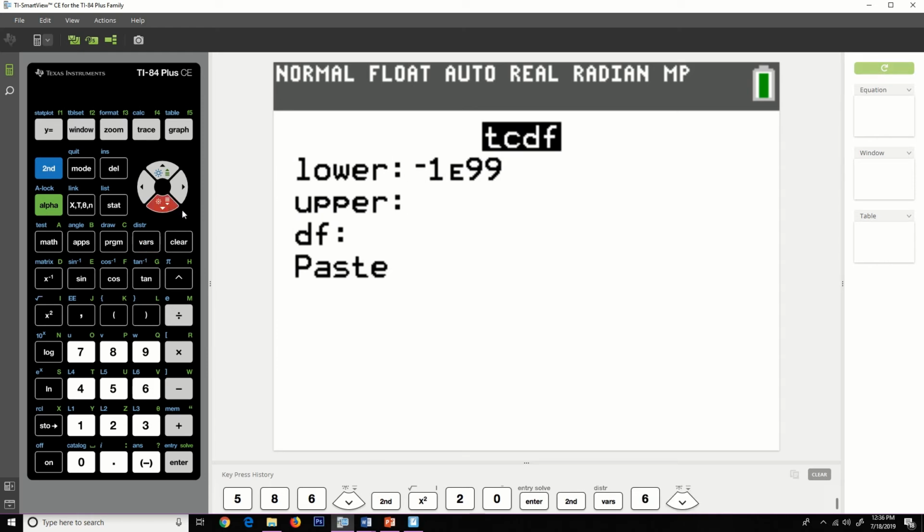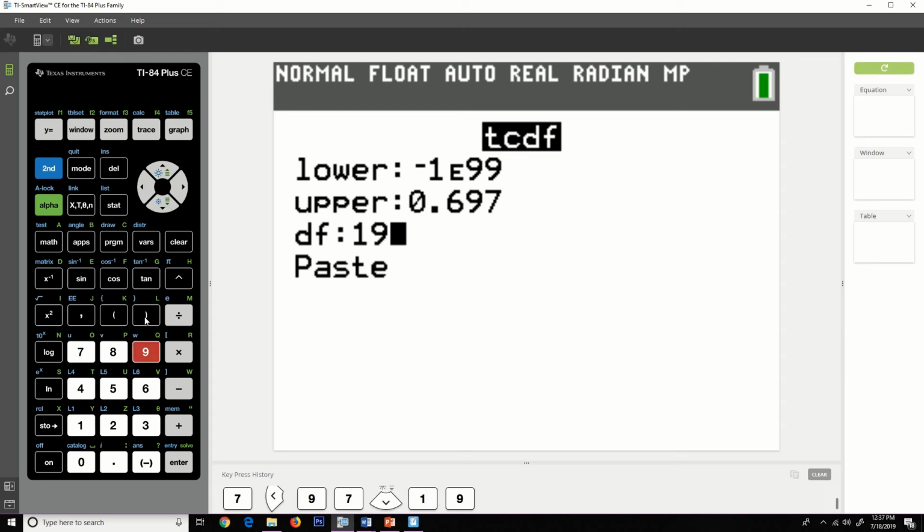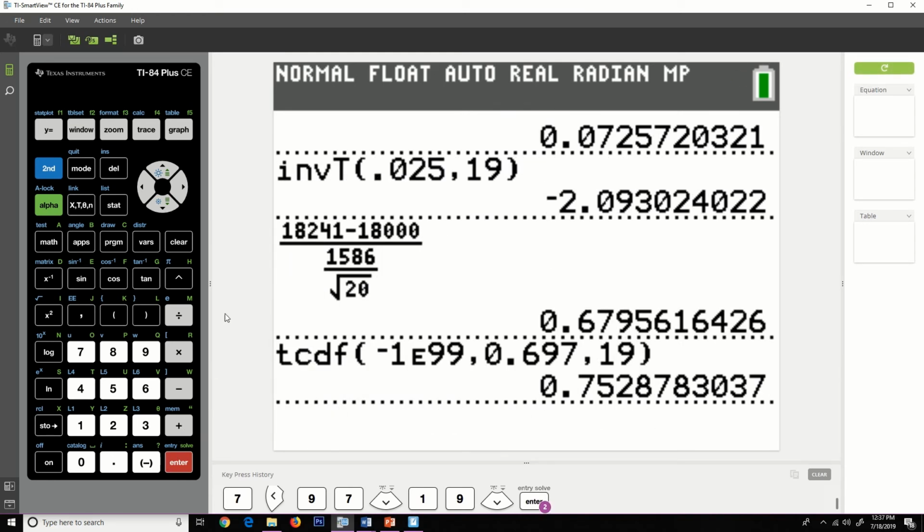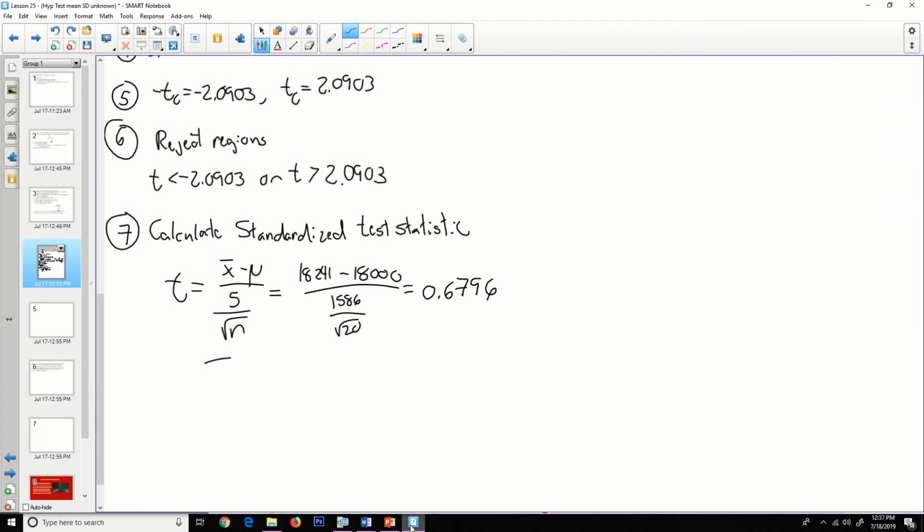From negative infinity to here, it would be 0.6796, degrees of freedom 19, paste, enter, and that's finding this total area.